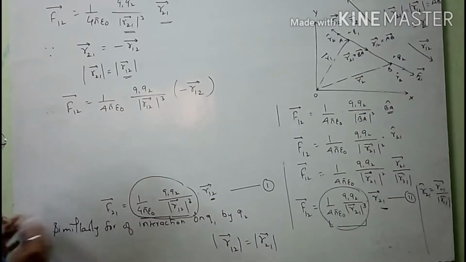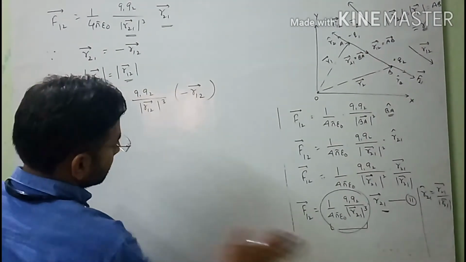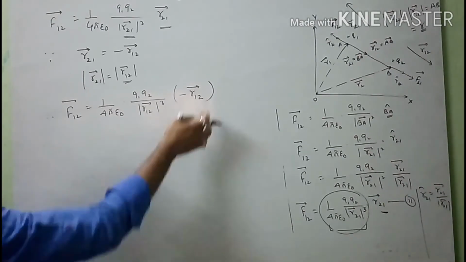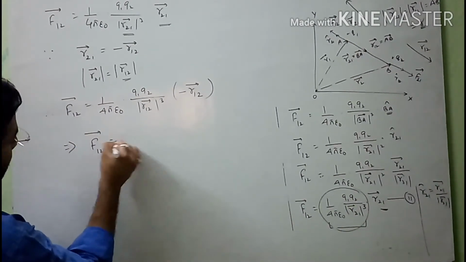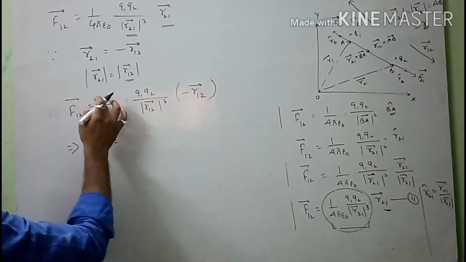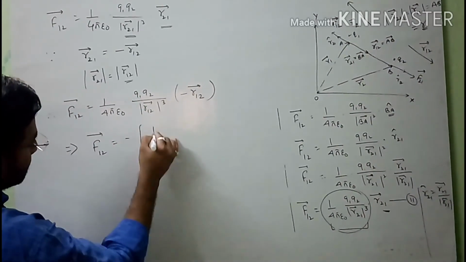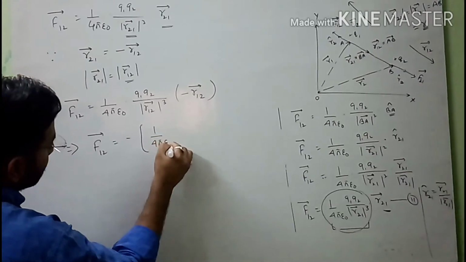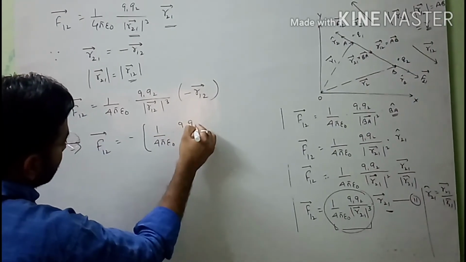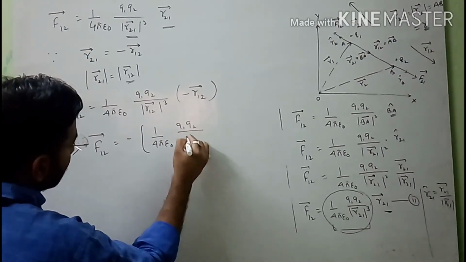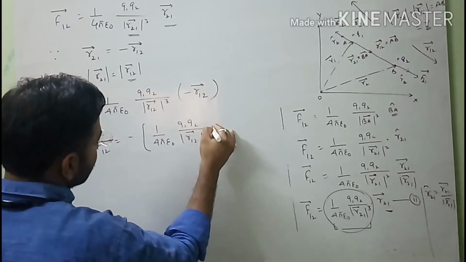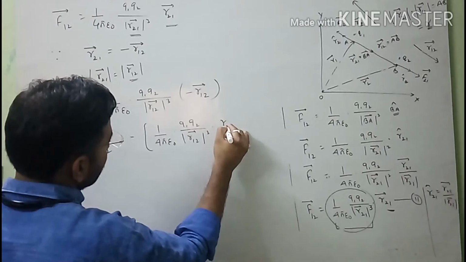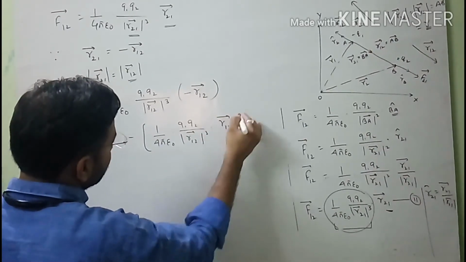So at final, F12 is equal to, taking this negative sign here, negative 1 over 4 pi epsilon naught Q1 Q2 over R12 cube into R12 vector.